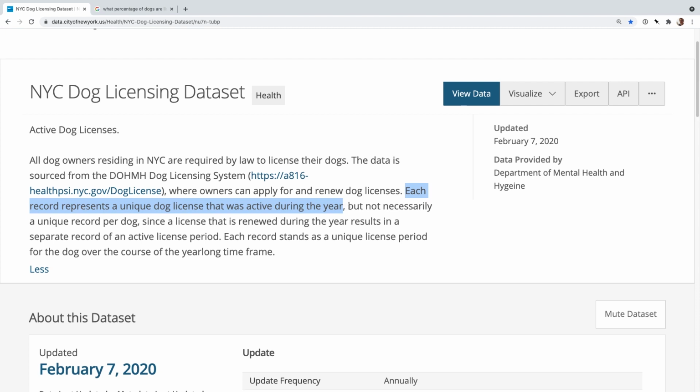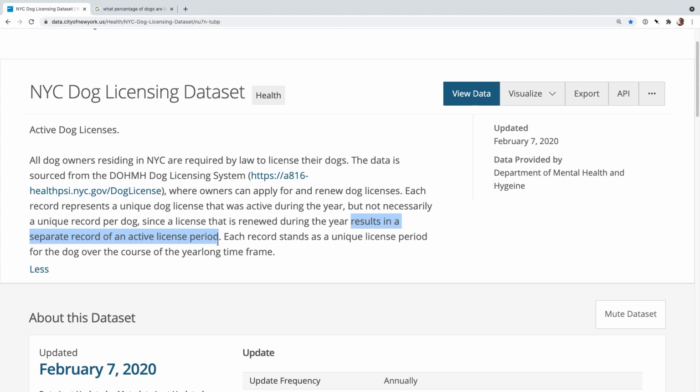Next, you can look at this sentence, that even in the year that we're looking at, so even in 2018, it says not necessarily a unique record per dog, since a license that is renewed during the year results in a separate record in the active license period. So that means that even in our 2018 data, we probably have some duplicate dogs.